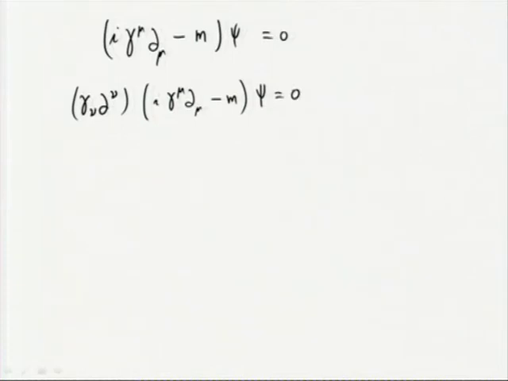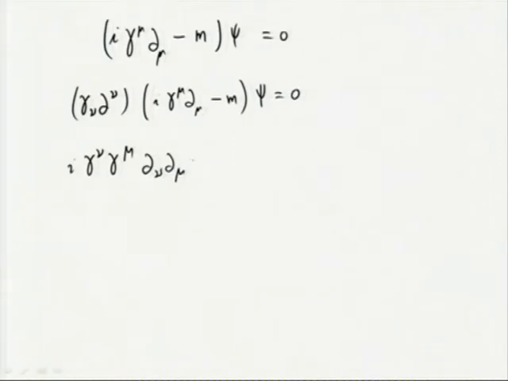What do we get? First, I have iγ^ν γ^μ ∂_ν ∂_μ. By the way, γ^ν and γ^μ are matrices, and they do not commute with each other, so when you take one across the other, you will have to be careful.